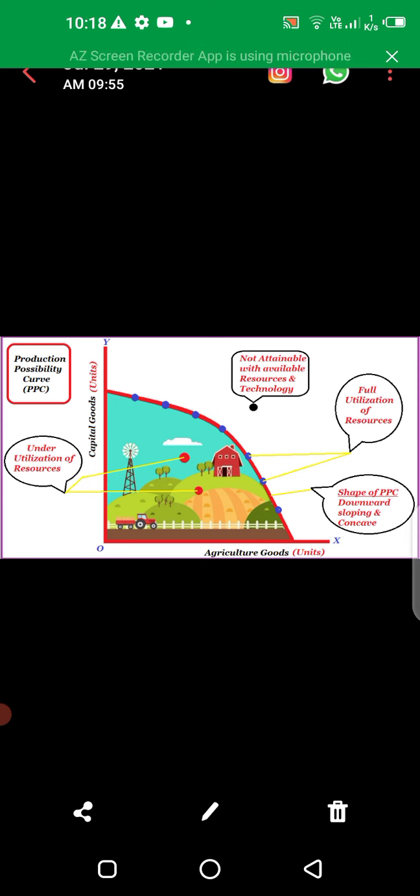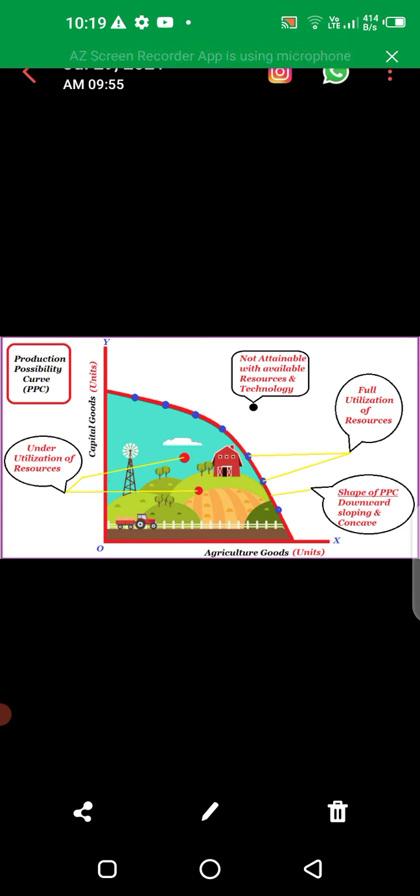Here is a diagram you can understand very well. The red line shows the production possibility curve. Under it there are a windmill, a tractor and a road. They are all resources. If they are under the PPC line, it shows underutilization of resources, not fully utilized.